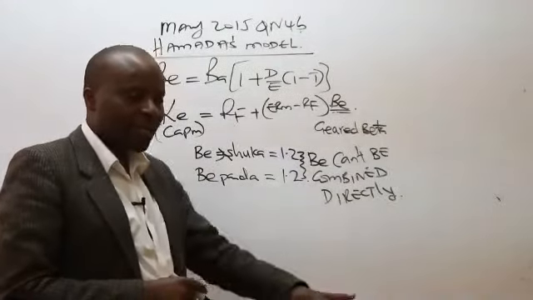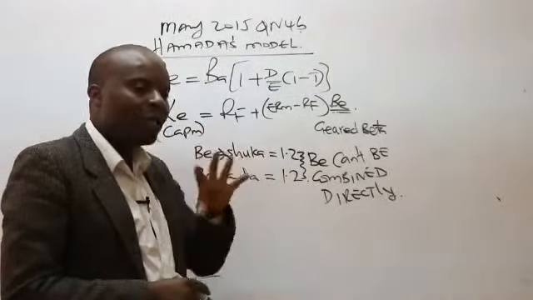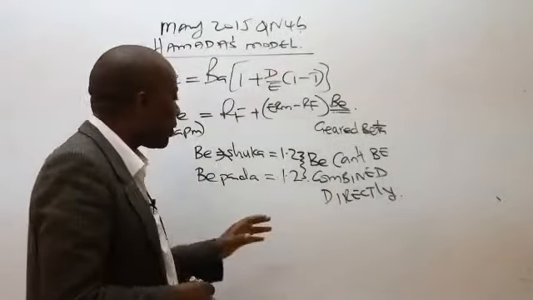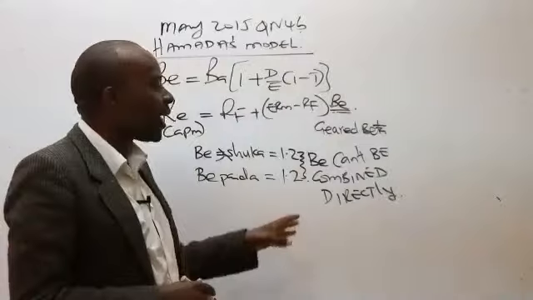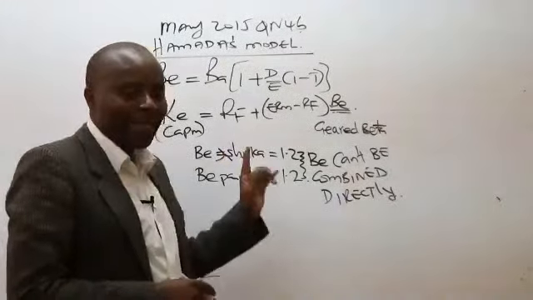I'm repeating this as a chorus. There is nothing that you can talk about even weighing them, putting weights before them. Beta equity can never be combined directly.